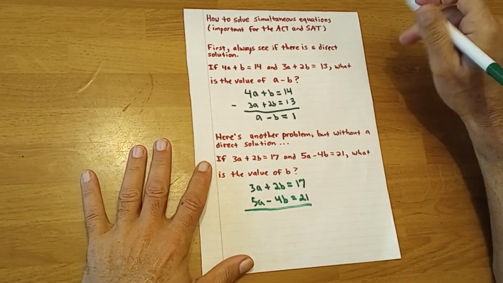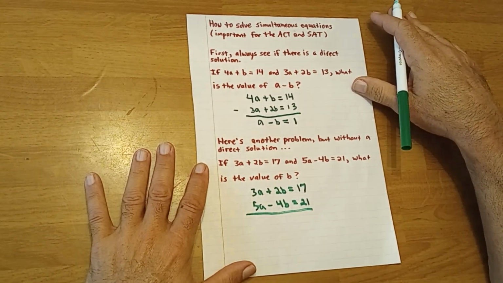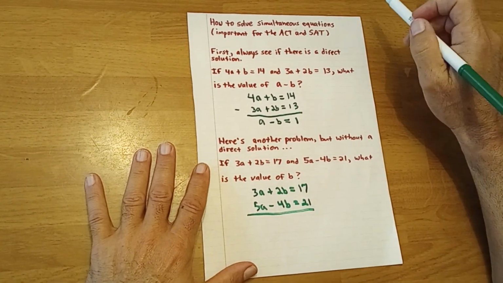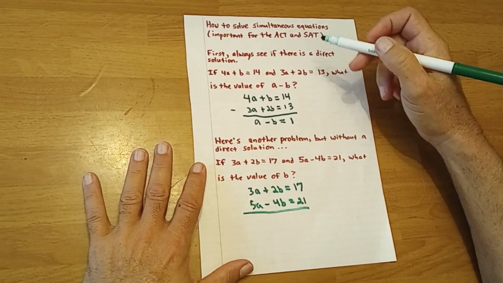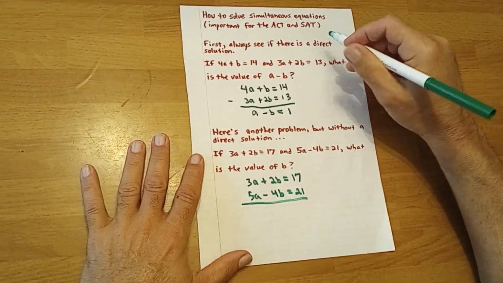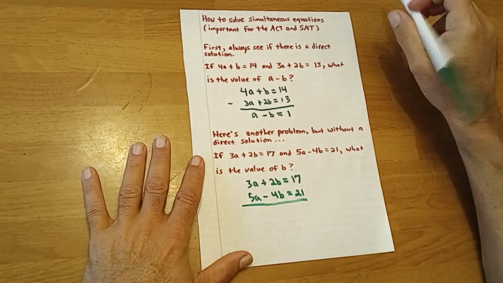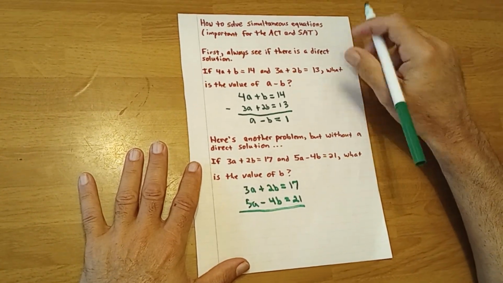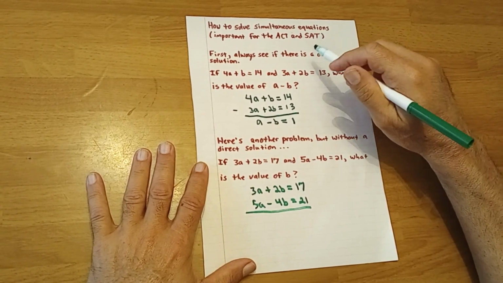If we try adding, we're going to get 8a minus 2b equals 38, and that doesn't help us know what b is, right? If we subtract, 3a minus 5a is negative 2a, and then 2b minus 4b would be 6b. So again, this does not help us know what the value of b is.